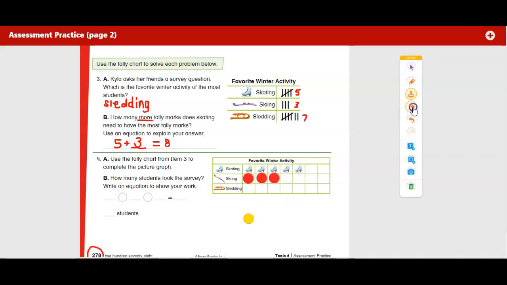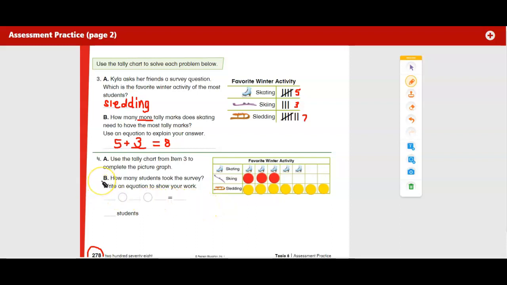For sledding, we know sledding had 7 votes, so we are going to fill in 1, 2, 3, 4, 5, 6, 7. Now, our picture graph is complete.